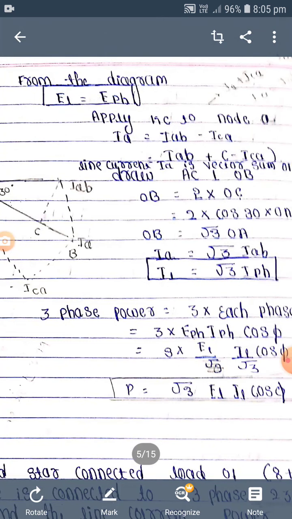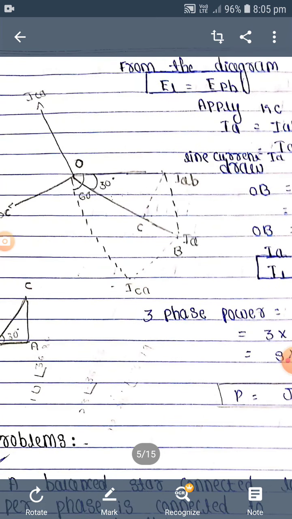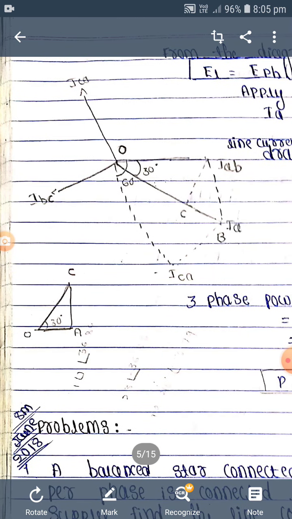Then the line current IA is equal to IAB minus ICA. So now you can construct the vector diagram here.